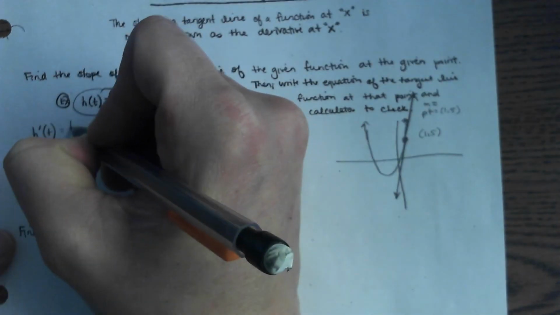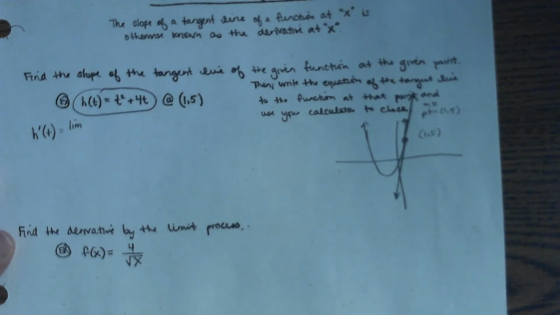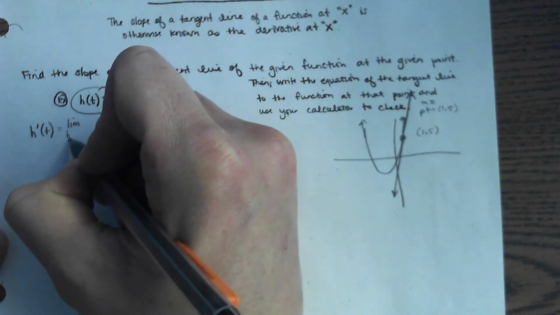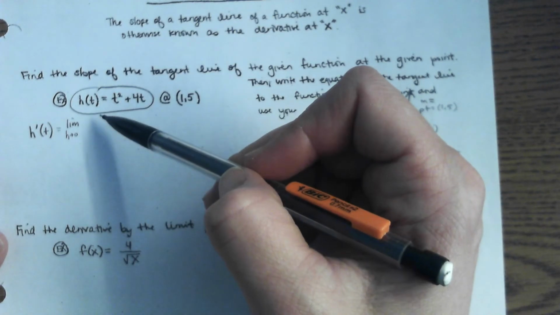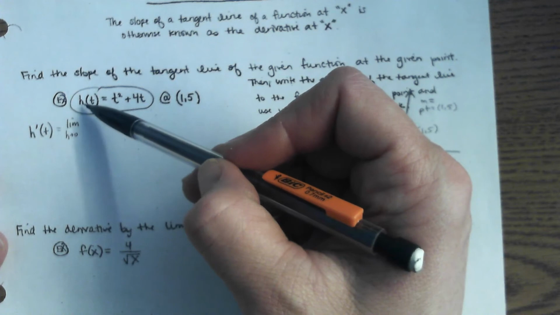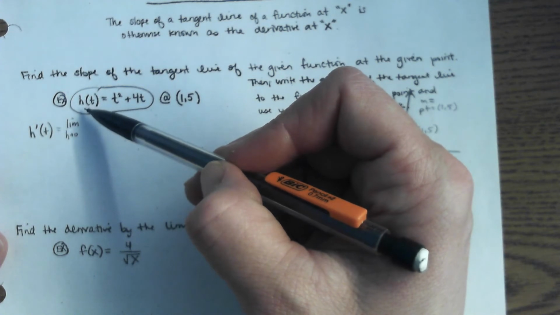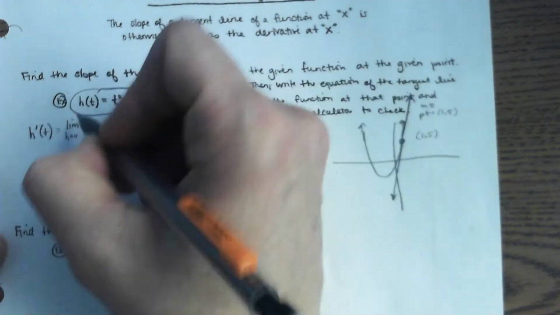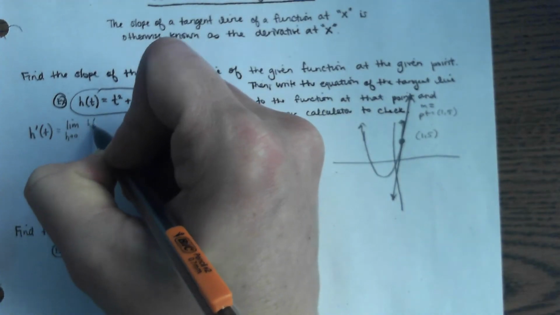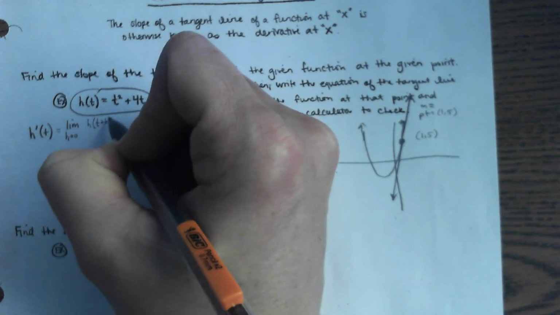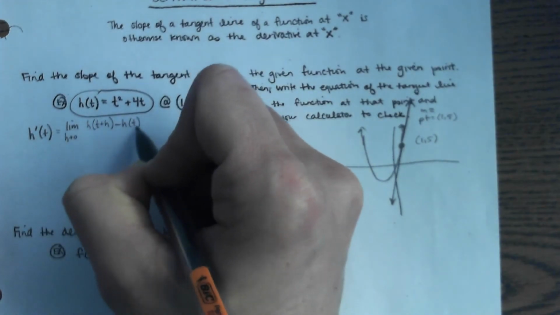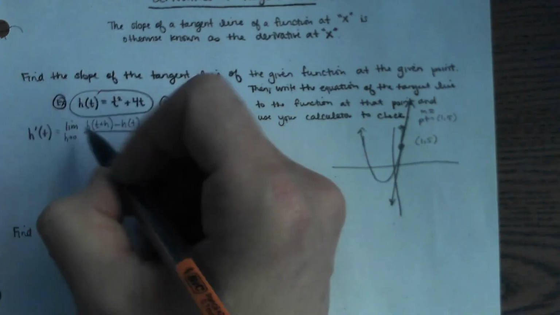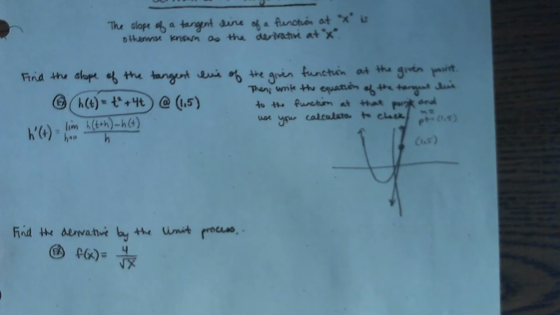and that is going to be calculated looking for our limit as h approaches 0. It would normally be f of x plus h, but in this particular case it's h, so it would be h of t plus h minus h of t all over h.